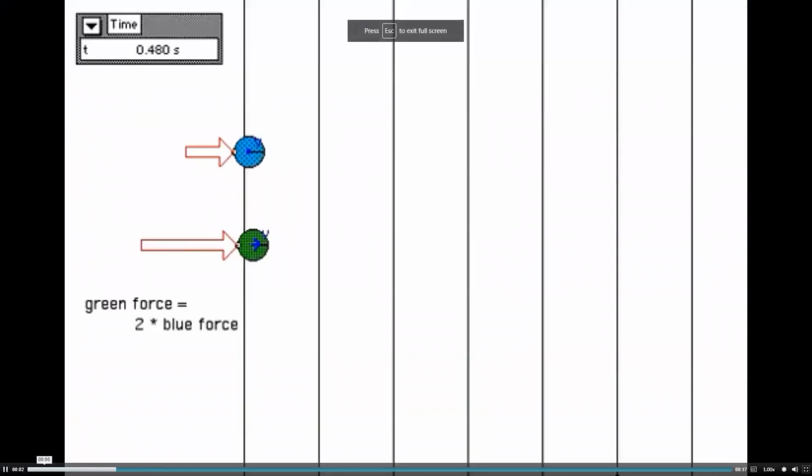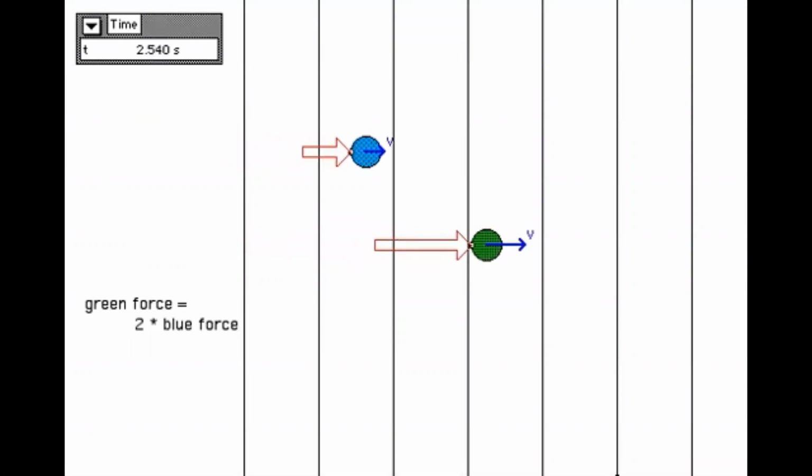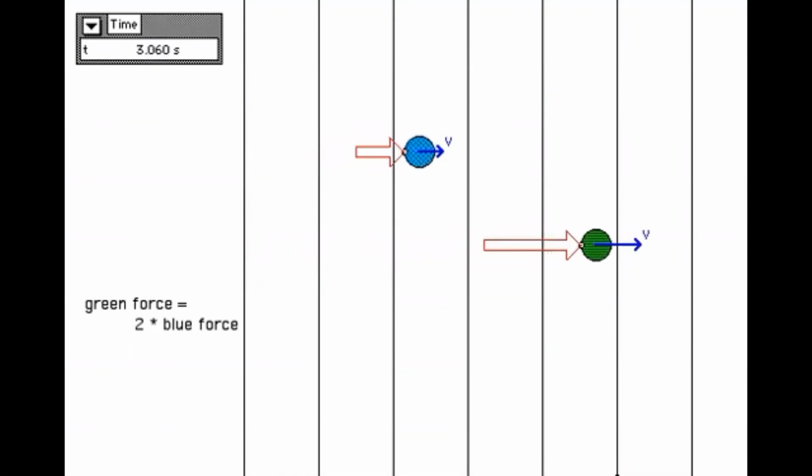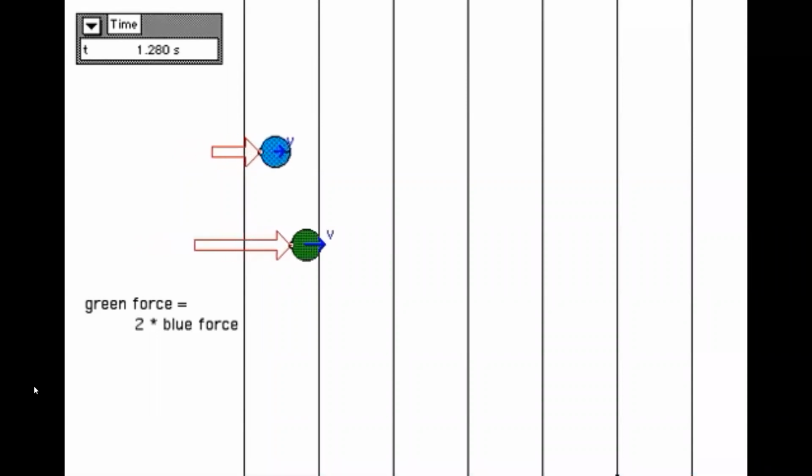So in the first movie, if you notice, we have two balls, a green ball and a blue ball. Now, the force on the green ball is twice that on the blue ball. Because your force is bigger, notice that your acceleration is actually more.